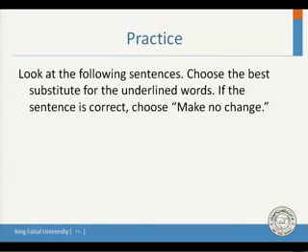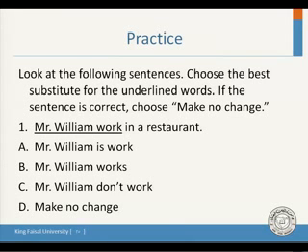Now, let's do this exercise just like the one we did in lecture 1. Look at the sentence number 1, Mr. William work in a restaurant. Mr. William is underlined. Choose the best substitute for the underlined words. If it's correct, choose make no change.